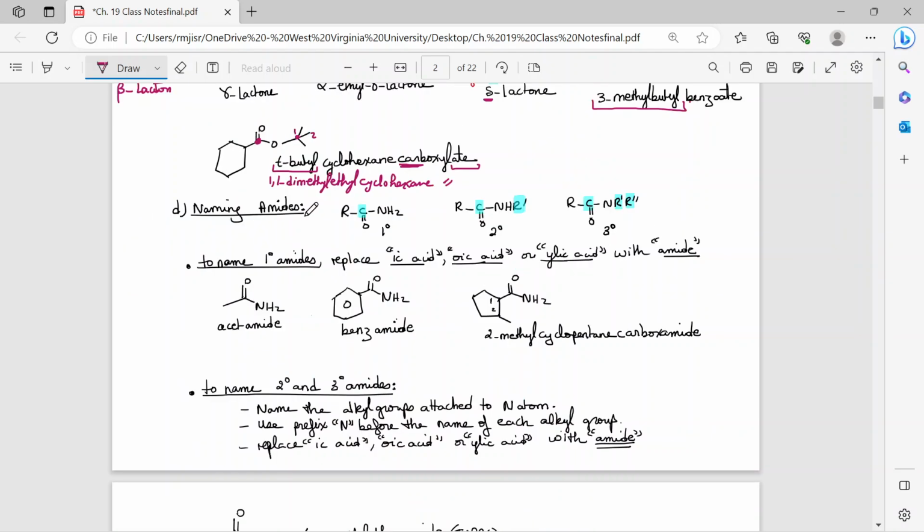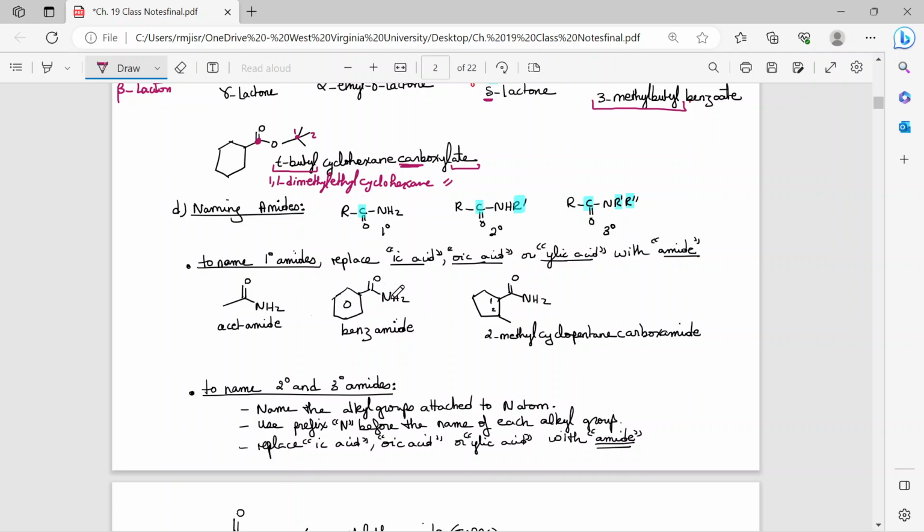To name amides, we're going to divide them as primary, which has its own rules, and then secondary and tertiary have their own rules as well. So to name the primary amide, we are going to replace any of those acid endings with amide. So you name it as a carboxylic acid. This is acetic acid. You drop the ic acid out, you replace that by an amide. This is benzoic acid.